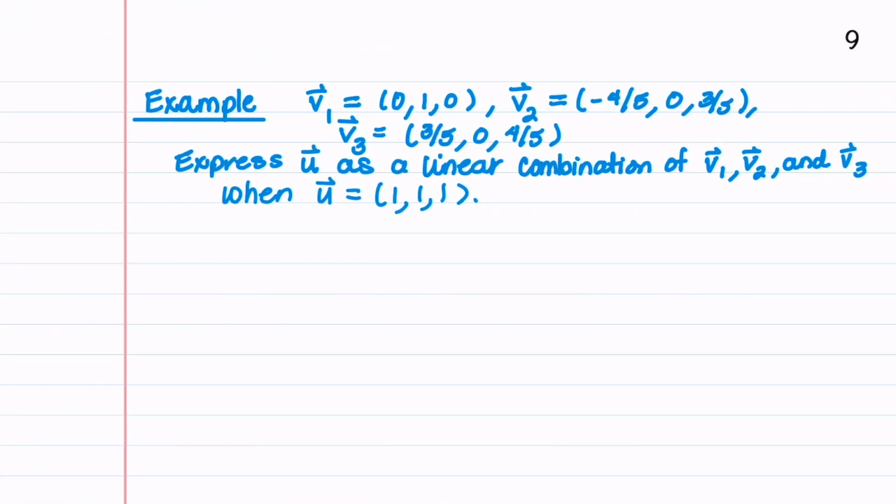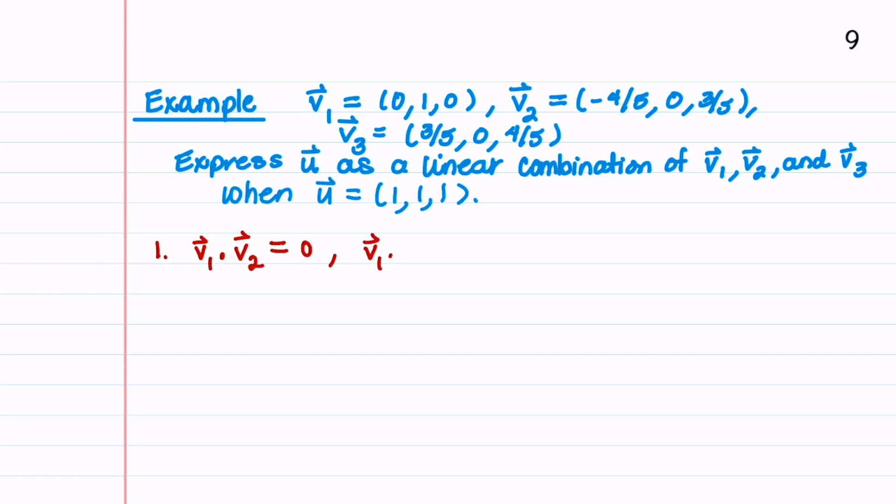Let's now walk through an example. We're given three vectors, v1, v2, and v3, and we're asked to express u as a linear combination of these three vectors when u is equal to (1, 1, 1). The first thing that we're going to do is check to see if the vectors are orthogonal, because if they are, we can use this easier method. So we compute v1 dotted with v2, and we see that we get 0.